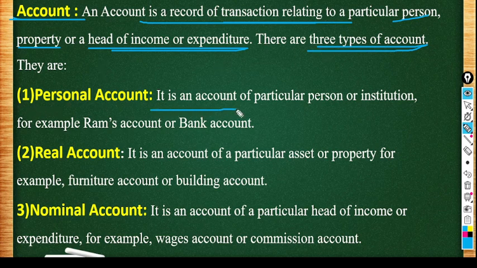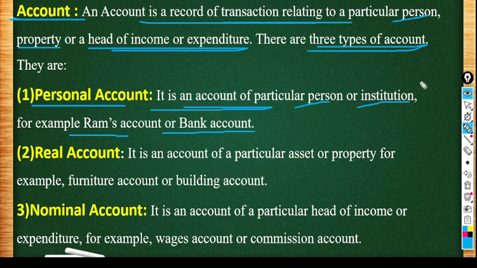This account belongs to particular persons or institutions, like owners, creditors, debtors, which come under the personal account. Examples: Rama's account, bank accounts, State Bank of India account, or Government Junior College account. The personal account means a person we can physically see or cannot see physically.